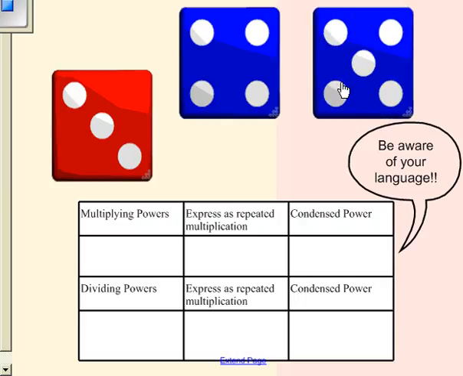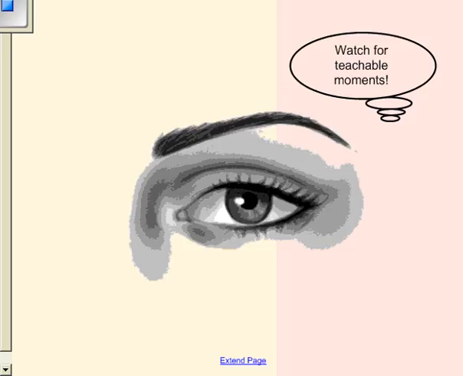So she had 8 to the power of 2 over 8 to the power of 4, and right away she just changed it and made it 8 to the power of 4 divided by 8 to the power of 2. And somebody asked, I think it was Andrea, but what happens when there's a bigger number on the bottom? So in the moment, Nicole just passed it off, but we said to watch for teachable moments.